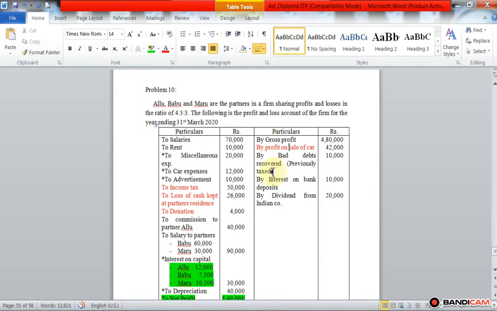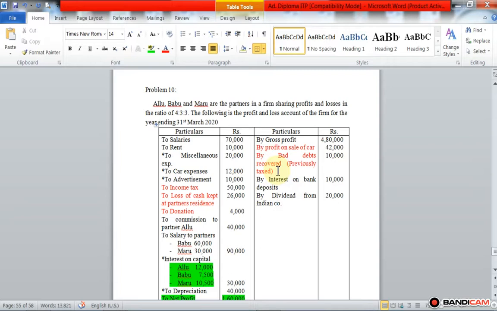Then bad debts recovered previously taxed, so it is also income from other source. It means the bad debts which were previously taxed, or bad debts which in the previous year were disallowed as loss of the firm.